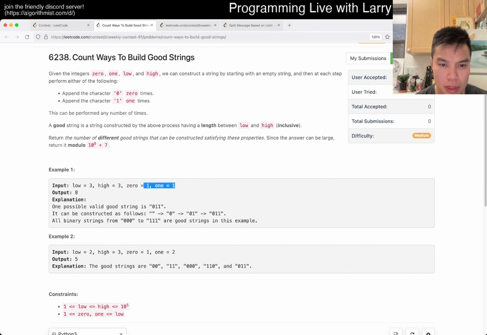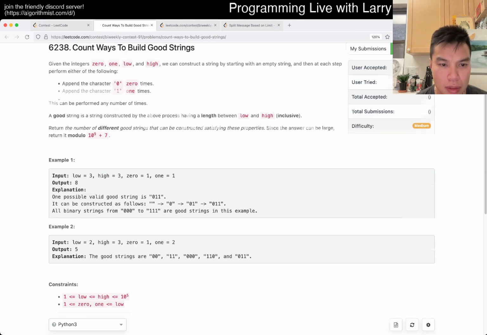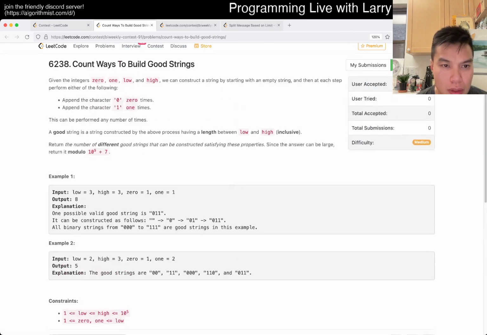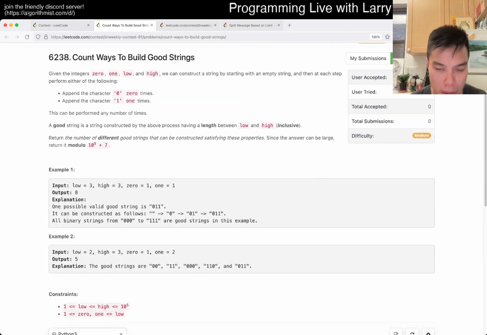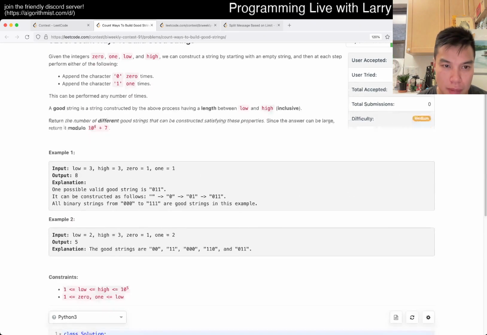But this only has 2 digits. I don't get it. I really don't get this one. Why can you? Oh, this is per operation. I see. Okay, I think I misunderstood that one. Having a length between. Okay, so it's just dp, right?